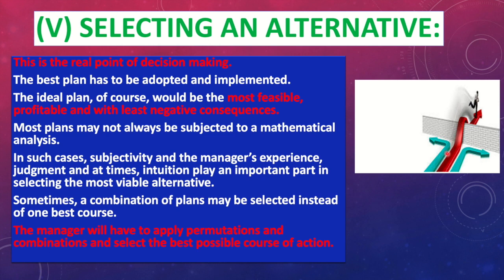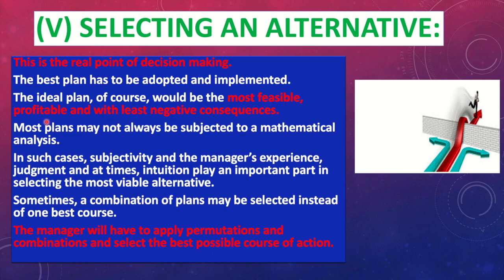Now we need to decide that if we go from the left, it is not feasible, so we should cross the wall or whatsoever we have decided. Now this is the actual, or you can say the real point of decision making. Here we are going to make the decision. Getting it? So the best plan has to be adopted and that is to be implemented. So the ideal plan obviously would be most feasible.